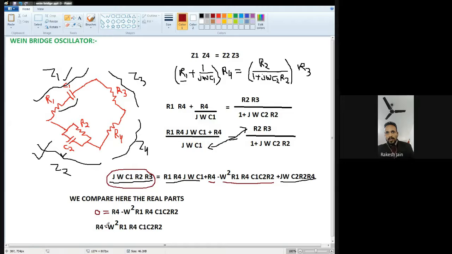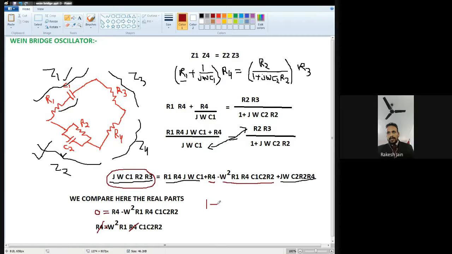So R4 is equal to omega square R1, R4, C1, C2, R2. So R4 to R4 will be cancelled out. So what will remain at the left hand side?